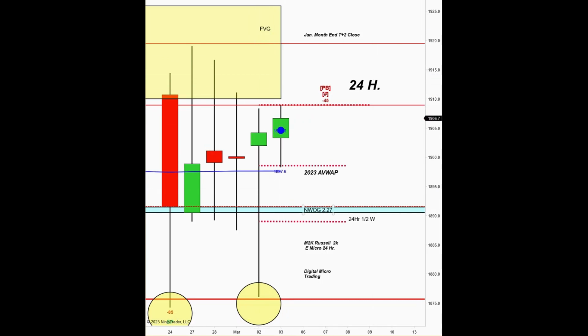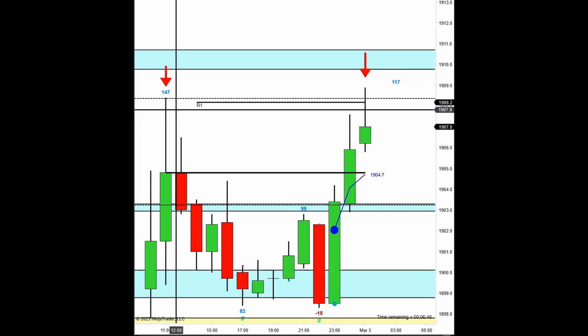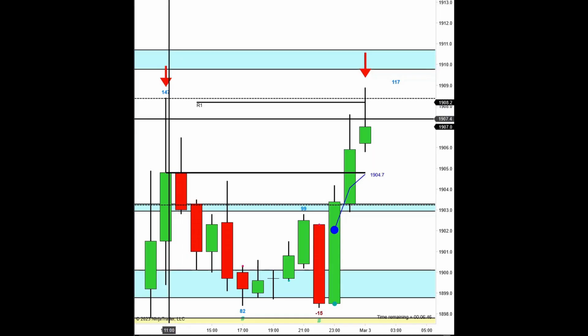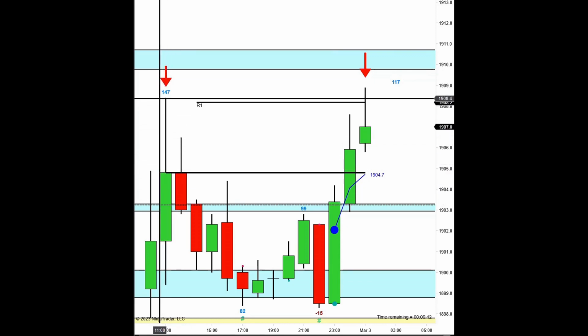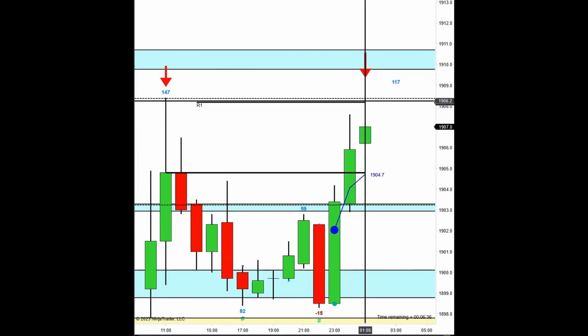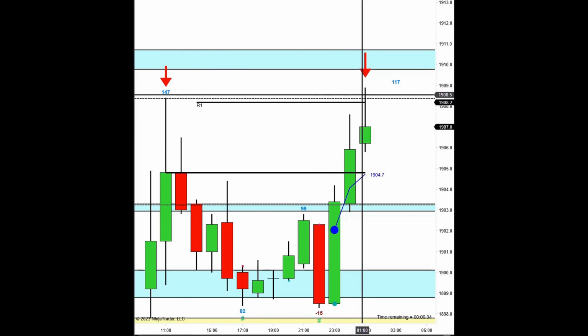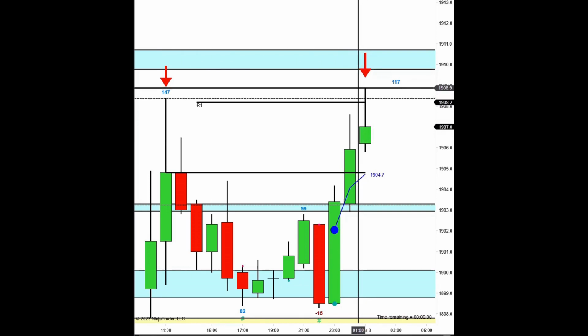Let's go to the next chart on the 60-minute. My focus here is the closing candle on the prior day high at 1908.4, and here we are, deep in Europe Globex, and we violated that high just above it at a 1908.9 buy side liquidity.